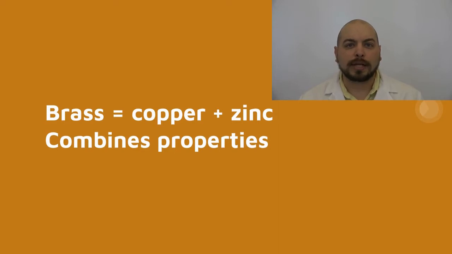Brass is a little bit less malleable than copper, but retains many of the properties of copper, including color, conductive character, and many of the malleability properties that zinc does not have. So by adding zinc to the copper, we create brass, which combines the two properties to some extent, allowing us to exploit different factors of each metal.